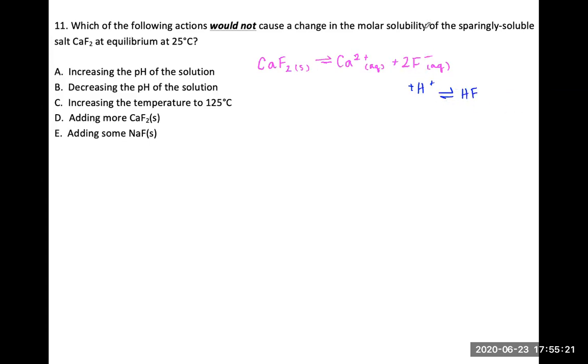And by having this other route, this path that can kind of suck fluoride out of the solution, we would end up decreasing our products and shifting the reaction to the right. And so changing the pH and changing the amount of protons available for pulling the fluoride into HF will change the solubility of our calcium fluoride. And so for that reason, both A and B would cause a change in our solubility. So those are not going to be the answer because we're looking for what would not change anything.